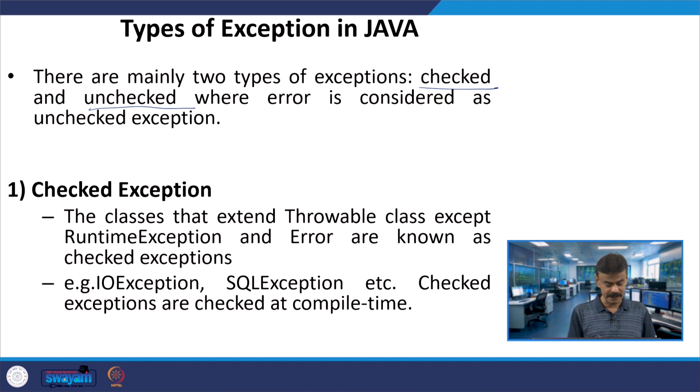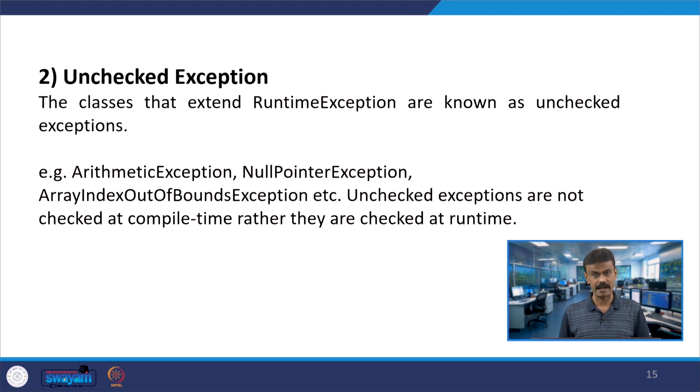For example, IOException and SQLException. These are all considered checked exceptions, and these are checked at compile time, whereas unchecked exceptions occur during runtime. What are the unchecked exceptions? The runtime exceptions.